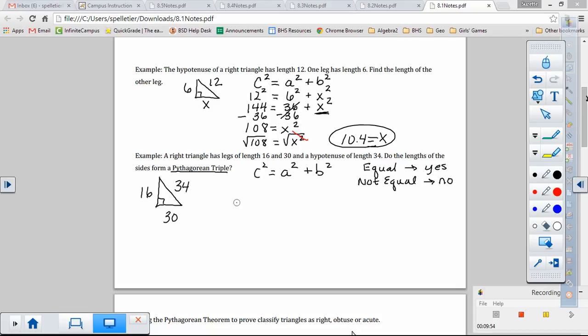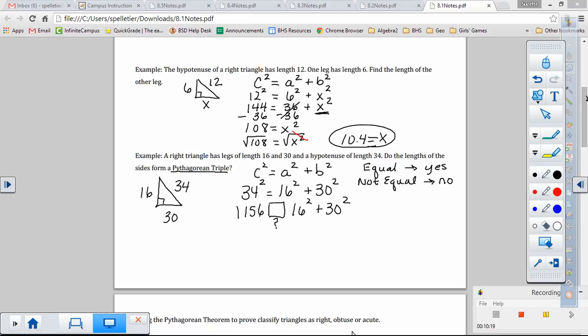Let's plug in our hypotenuse. 34 squared equals first leg, 16 squared, plus the second leg, 30 squared. So 34 squared is 1,156. And I'm trying to decide, does this or does this not equal 16 squared plus 30 squared?